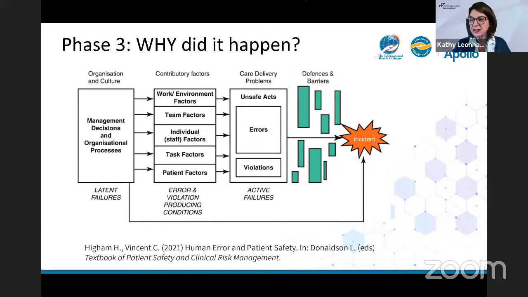These are interventions that help separate us as humans, the staff, from the error that we might make from actually reaching the patient. These are the last defenses that we often put in place that help keep any type of error that we as humans may make from reaching that patient.